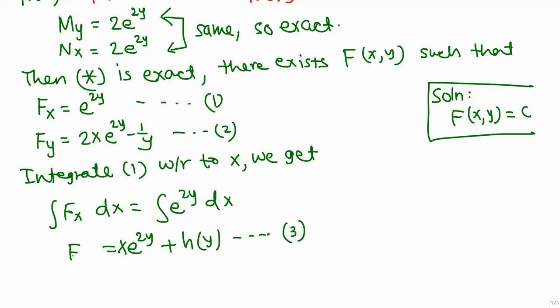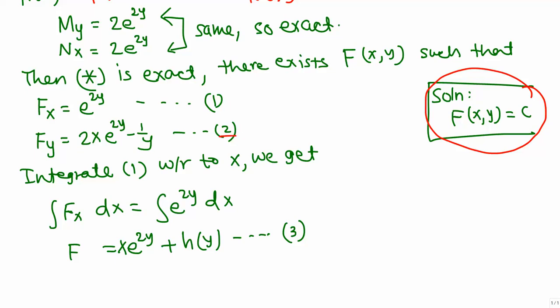We just found the function f, but it is given in terms of h, so we need to determine h. The solution is given by the function equals c. This function equals a constant is the solution, but we need to determine h. For that we make use of 2.